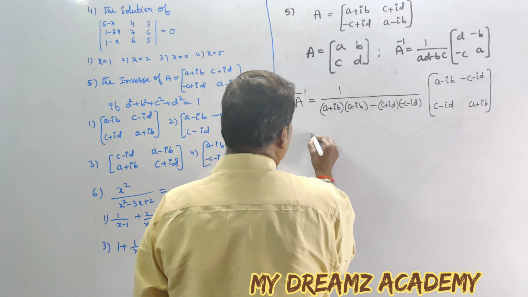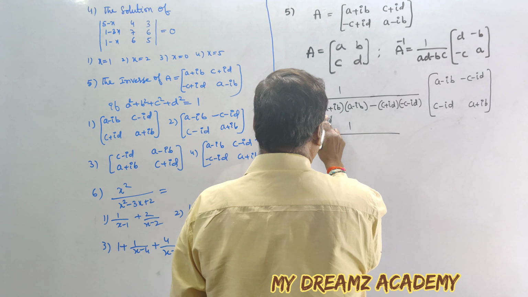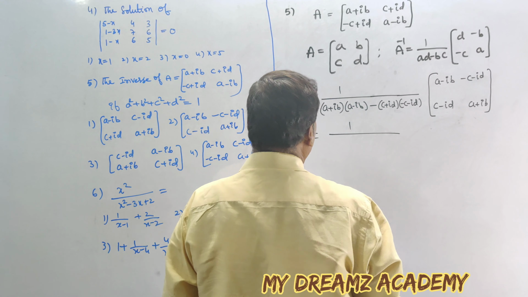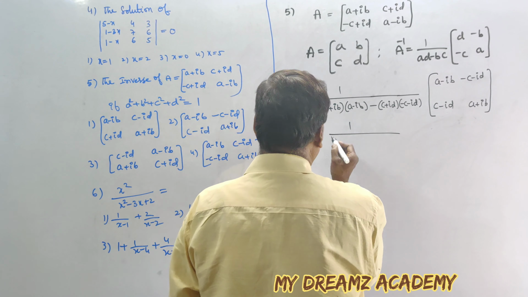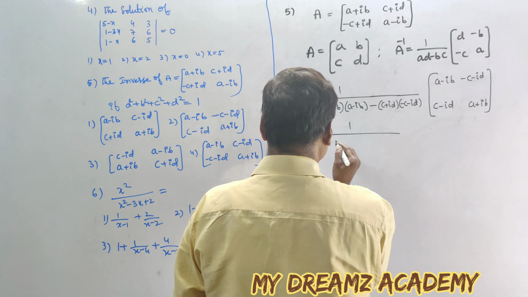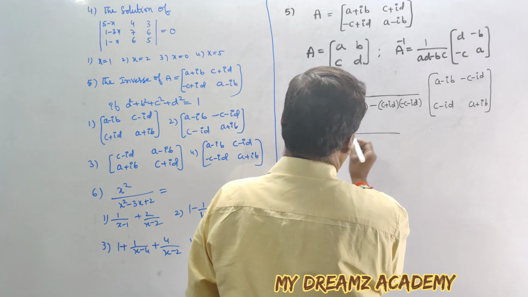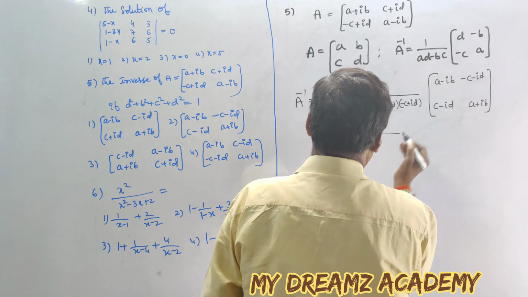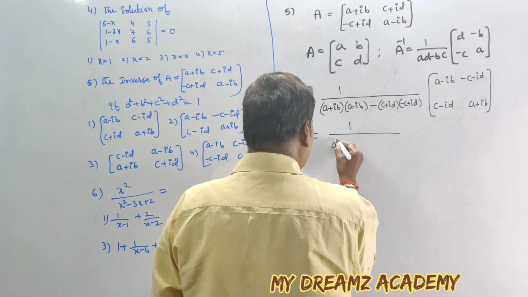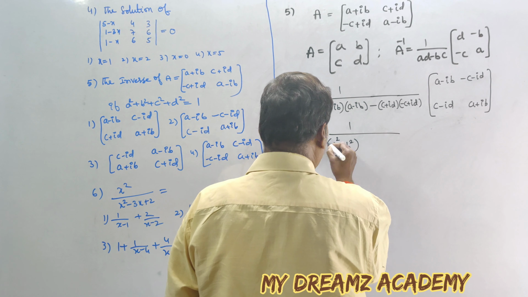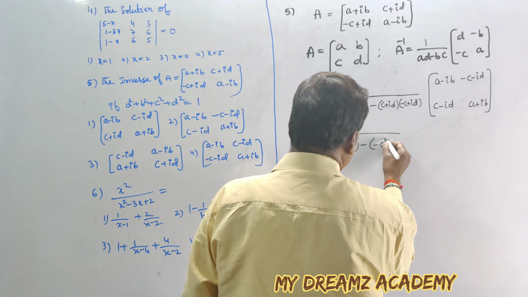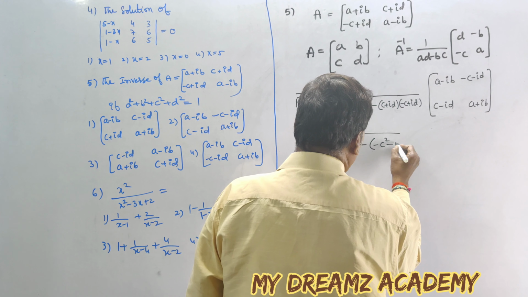Now you observe this: 1 by (a plus b)(a minus b), a square minus b square. This is a square minus b square, minus i square is plus b square, minus c square minus d square.